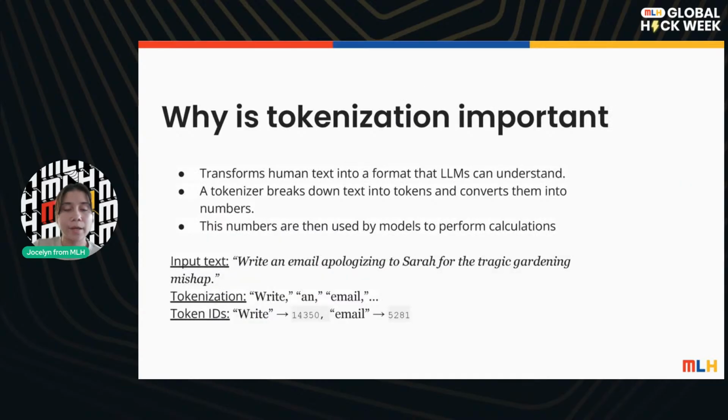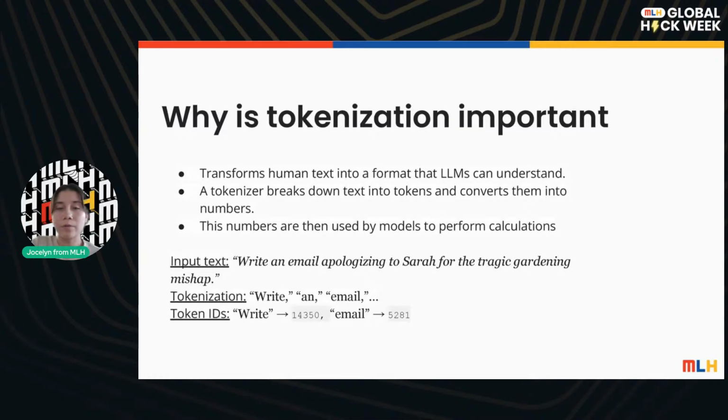We also saw about tokenization. This is another important concept. This is basically transforming human text into a format that the LLM can understand. And the numbers are then used by models to actually perform the calculations. In here, we just have an example of how the tokenization is working on chunking into different sections.